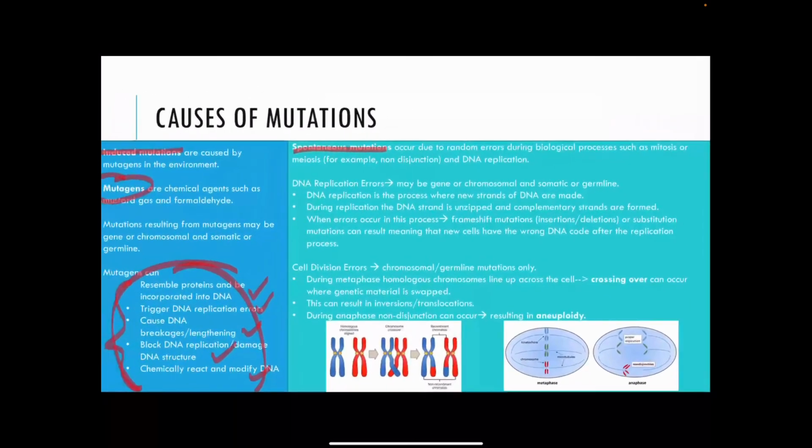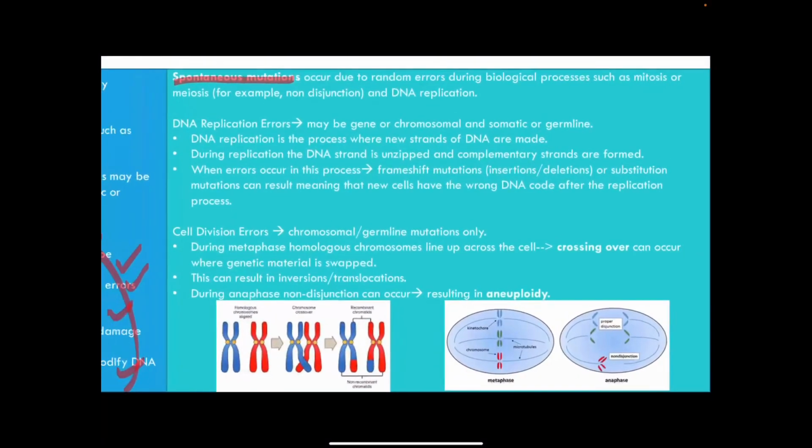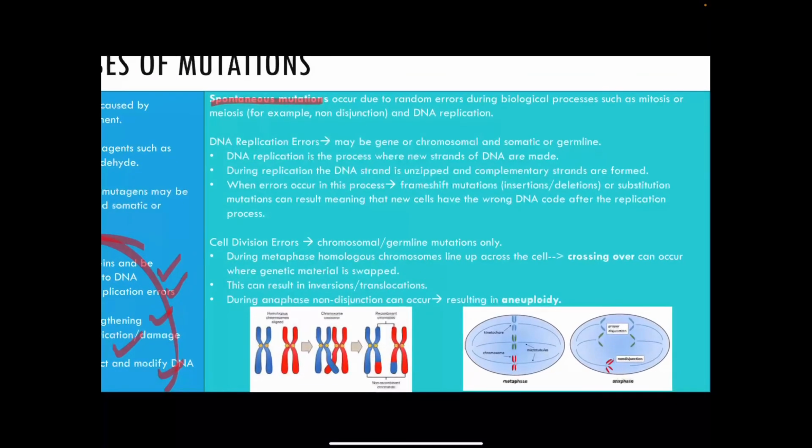Now looking at spontaneous mutations. Instead of having environmental influences here, we've got random errors during biological processes, so for example, mitosis and meiosis, cell duplication or DNA replication. Looking first at DNA replication errors.